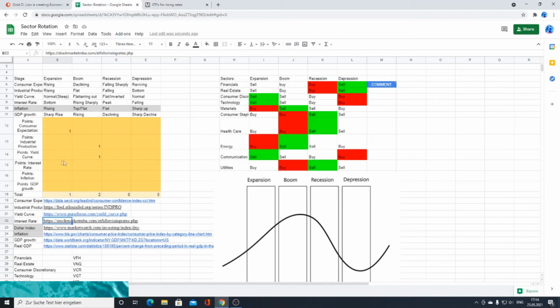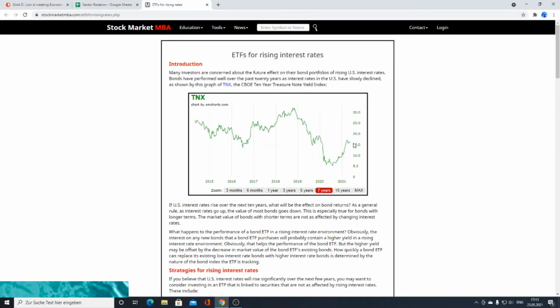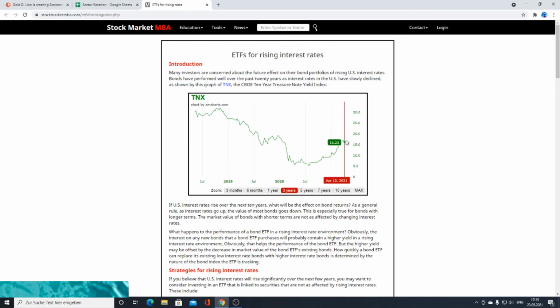And when we go back here and look at interest rates, we can choose from bottom, rising sharply, peak, or falling. There's still upside here based on past data, and interest rates are rising sharply. Now it's kind of flattening out, but they will definitely continue to rise upwards.